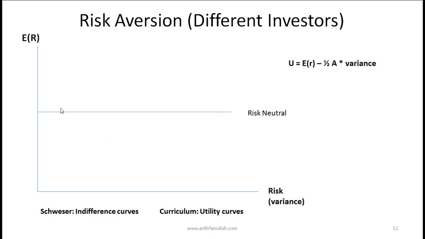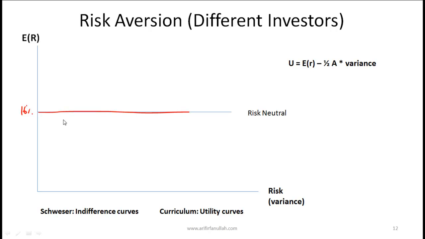So for him, let's say that if he wants an expected return of 16%, then investments that become more and more risky, that doesn't faze him. So as long as he is getting an expected return of 16%, no matter what the risk, he is equally happy. So if he were to get a return of 17%, he would be even happier. If he gets a return of 15%, he will be less happy, and so on.